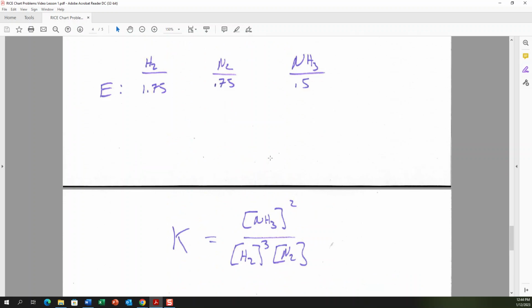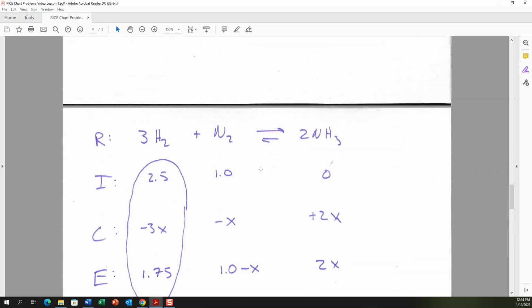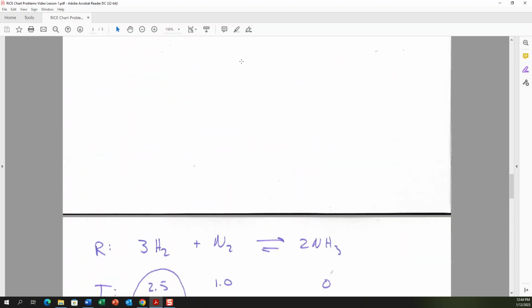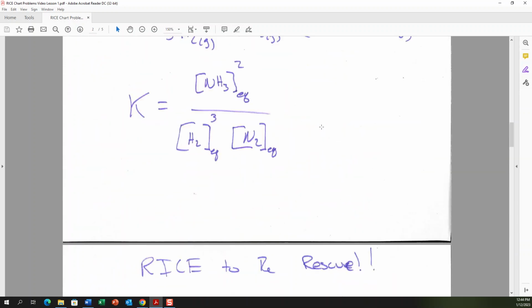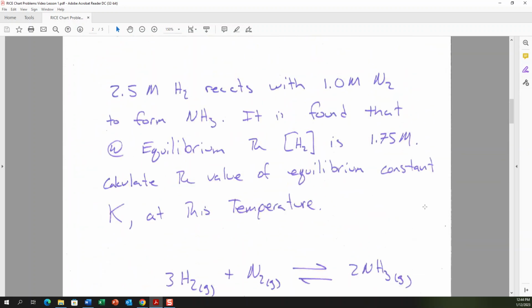So again, there's a lot of different things that we can use RICE charts for. Okay, it's not just going to be this scenario, yet this tends to be one of the scenarios. A lot of times you might see a question like this, given the same stuff, but instead of asking to actually get the equilibrium constant, they'll just say, well, what's the equilibrium concentration of ammonia?